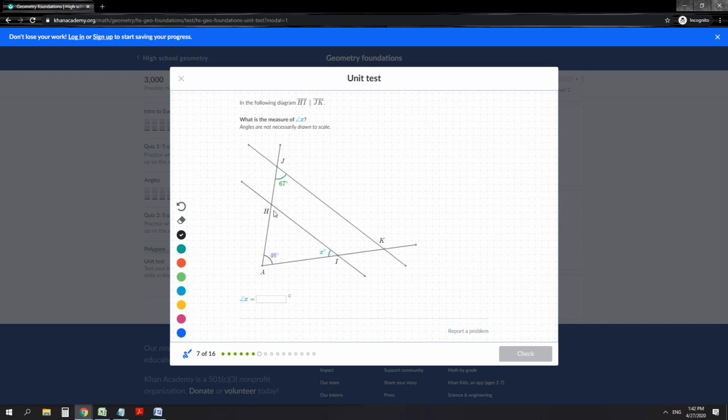Notice that this angle right here, let's draw it the same exact color as this. This is also 67 degrees, right?